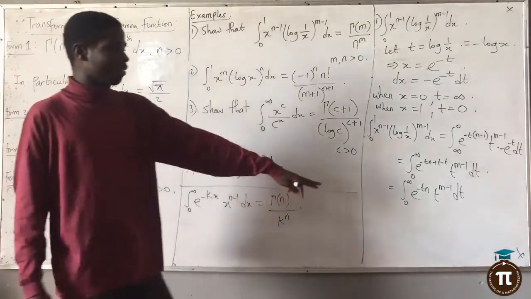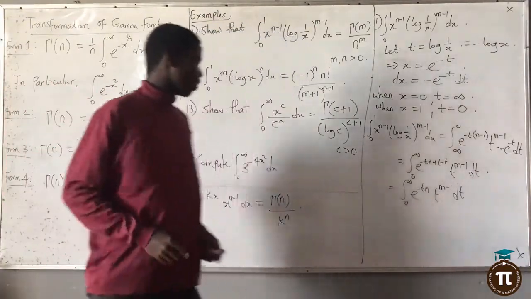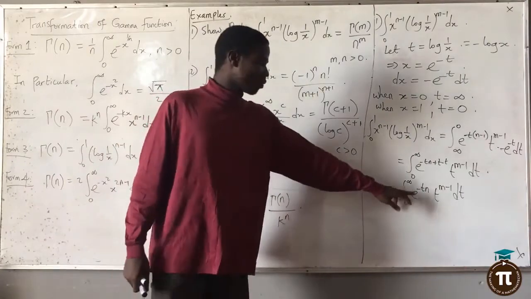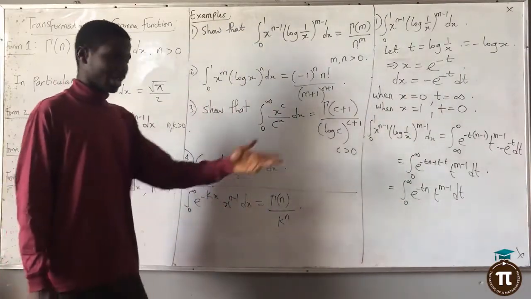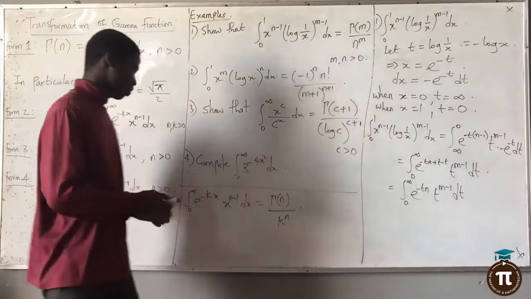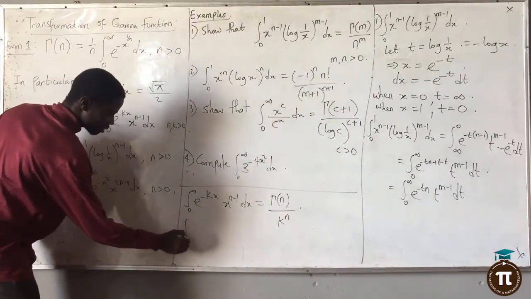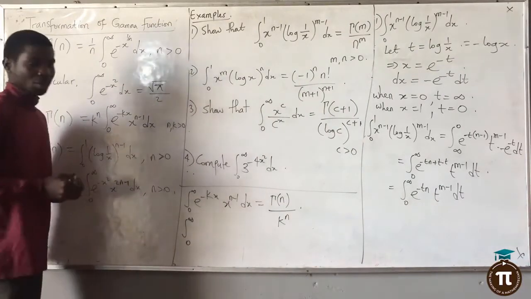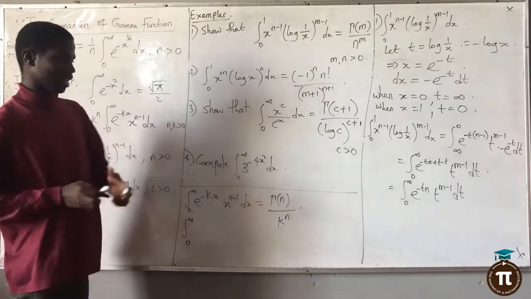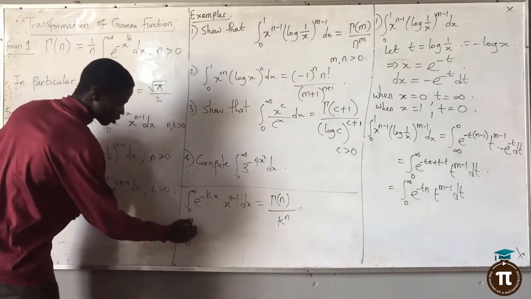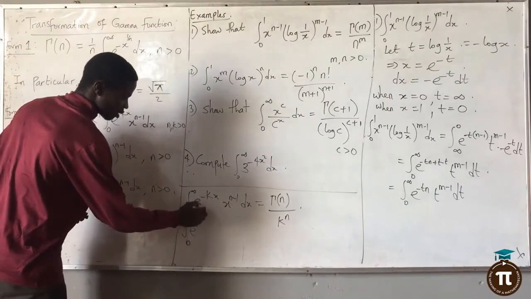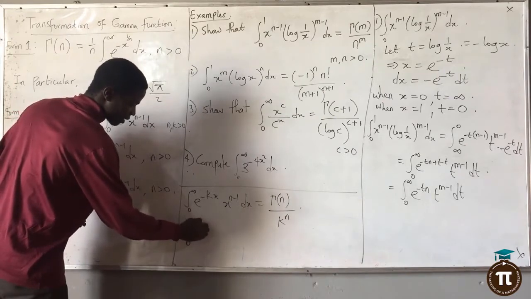If you look at what I have here, if you replace k with n and n with m, so if I replace k with n, I will have e raised to the power of minus ns.